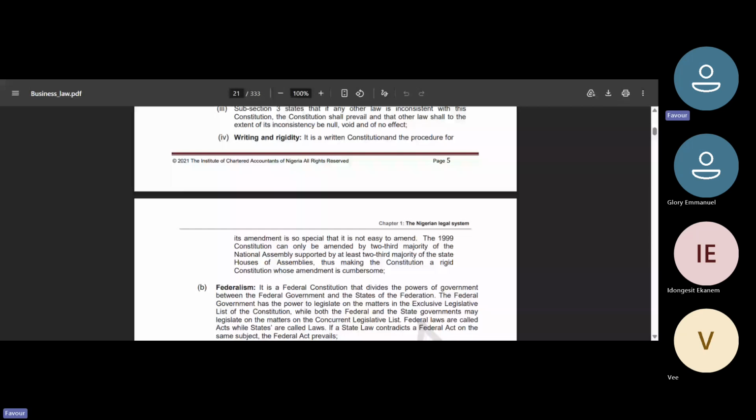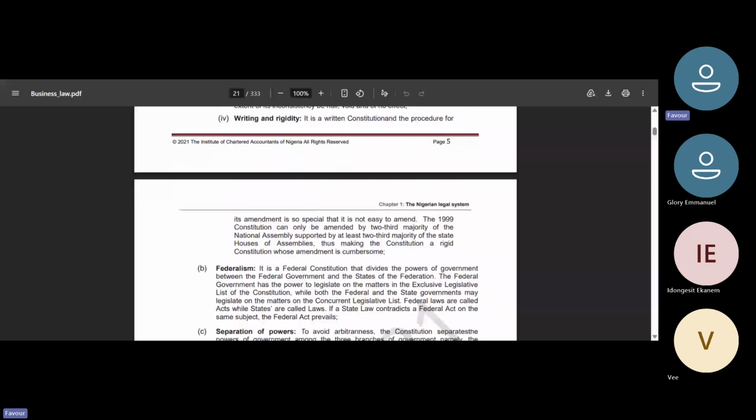So the second is federalism. Remember, the first was supremacy, the second is federalism. It is a federal constitution. So it divides the power between the federal government and the state governments. The federal government has the power to legislate on matters in the exclusive legislative list of the Constitution.